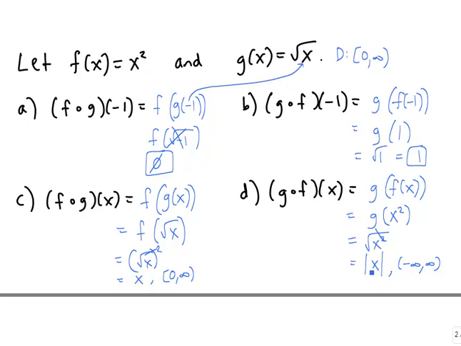So even though we kind of got x for both of these two rules, there are a few restrictions. In the case of f composed with g, you do get x back again, but you can only do this if the x you start with is a positive number or 0. If you go in the other order, g composed with f, then you can use x as any real number, but what you're going to get back for an answer is only positive values because we have this absolute value of x.